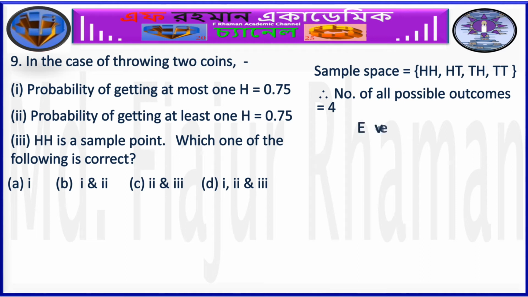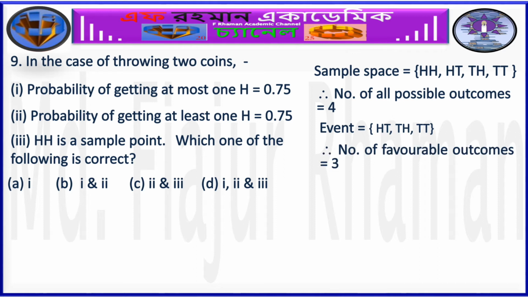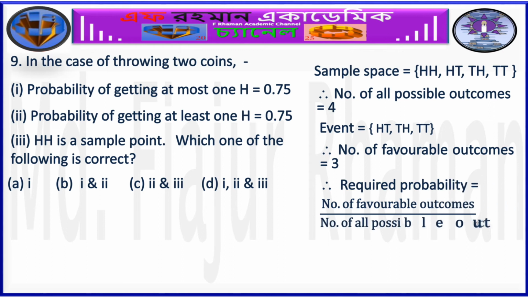That's why the event is the set of HT, TH, TT. Therefore, the number of favorable outcomes is equal to 3. Therefore, the required probability is 3 by 4, which is equal to 0.75. 1 is correct.